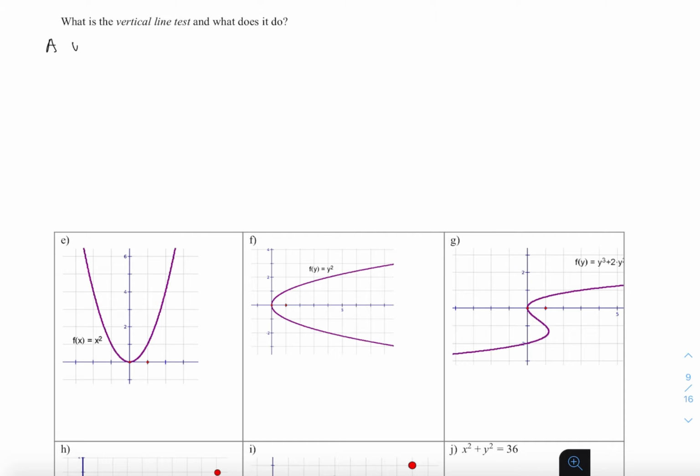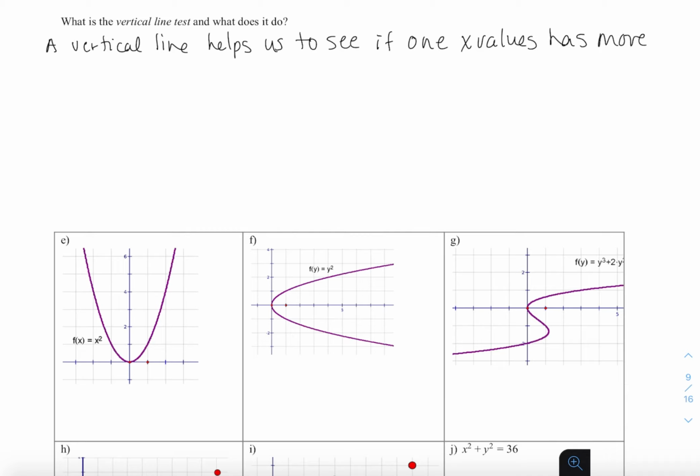So a vertical line helps us to see if one of the x values has more than one y value, which would mean it's not a function.